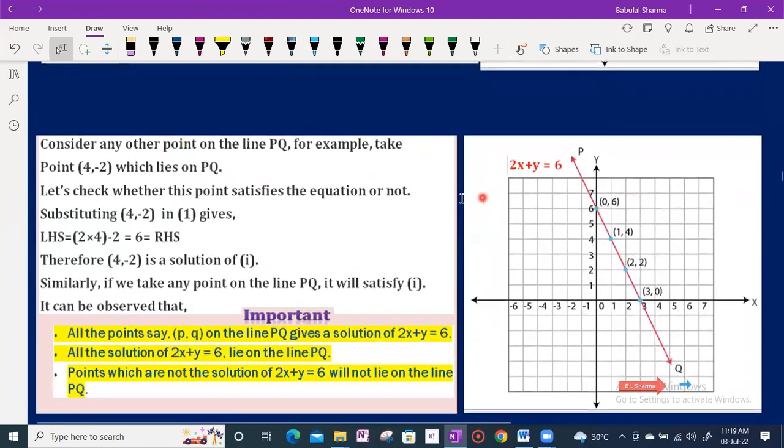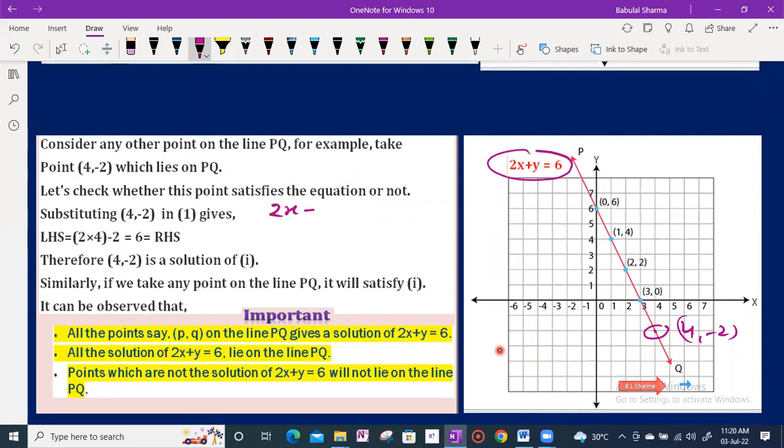यहाँ पे इस इक्वेशन पे हमने पॉइंट कंसिडर किया, that is 4, -2. ये पॉइंट इसी स्ट्रेट लाइन पे लाई करता है. ये 4, -2 भी इस लीनियर इक्वेशन इन टू वेरिएबल 2x + y = 6 का सॉल्यूशन है. इसको वेरीफाई करें.